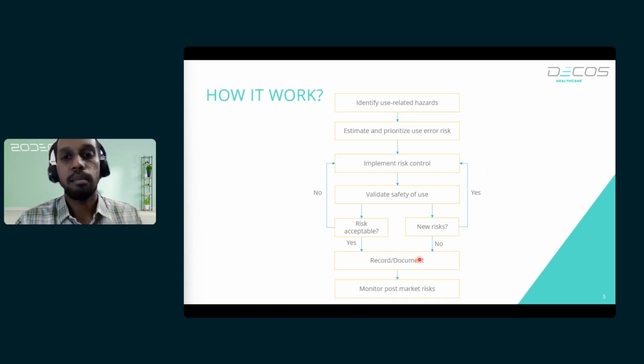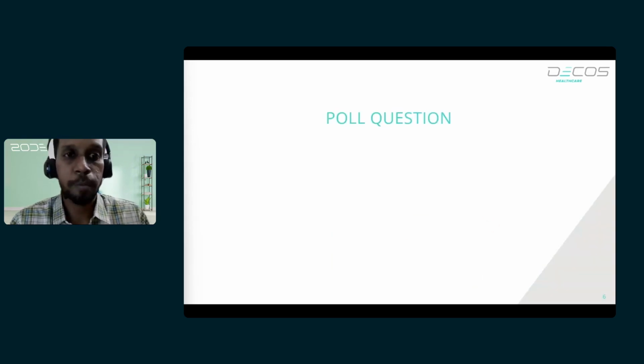Once the documentation is good enough, so that all the mitigation plans support the identified user errors, I need to supply these documents along with the device, so that once the device is put into the market, they can help me minimize user error from occurring. Or there is always a possibility for new user errors to occur when the device is put into real time, and then this entire flow would go across again. So this is how the entire process would work.